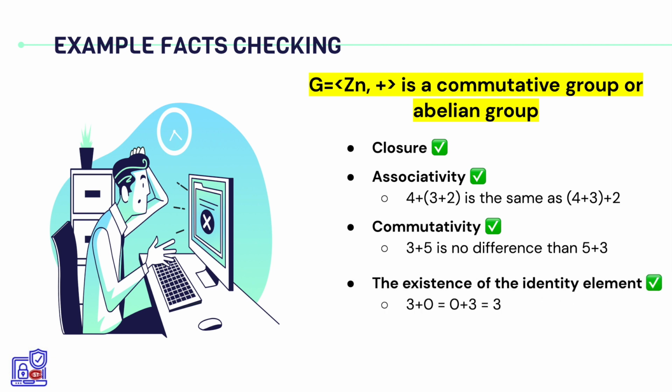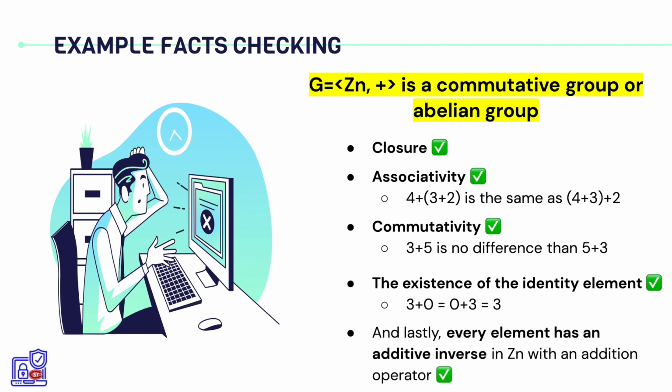Then, the identity element of addition is 0, so 3 plus 0 is the same as 0 plus 3 and is equal to 3, which proves the existence of the identity element. And lastly, every element has an additive inverse in Zn. For a quick refresher, the inverse of a number A in Zn in this case is the number which, with the addition operator, will give you the identity element 0.